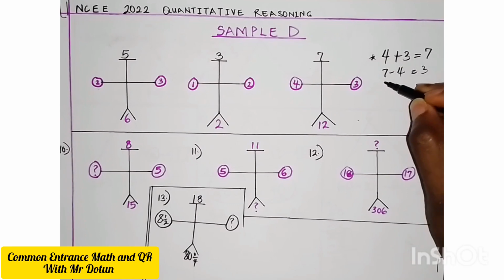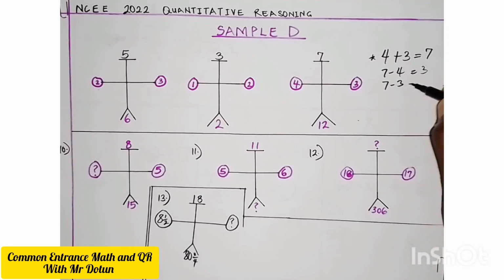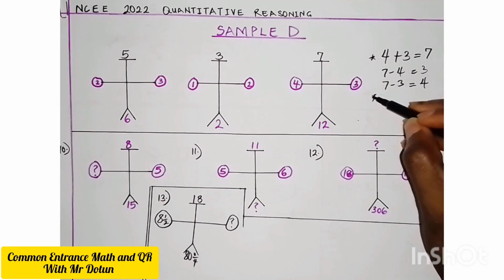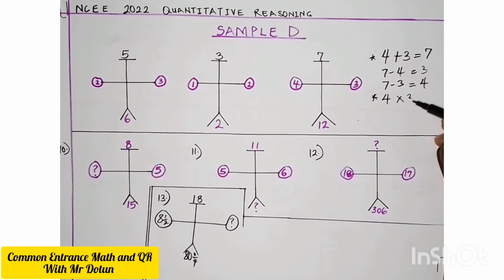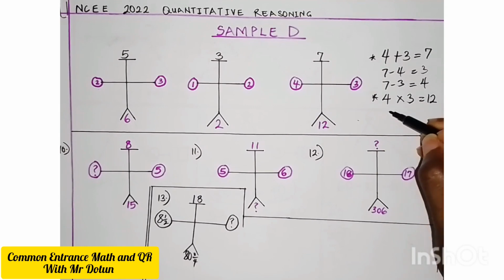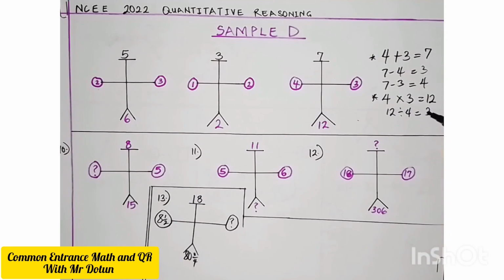We also know that 7 minus 3 will give us 4. And the other thing we found out is 4 times 3 equals 12. So from here too, we know that 12 divided by 4 will give us 3, and 12 divided by 3 will give us 4.